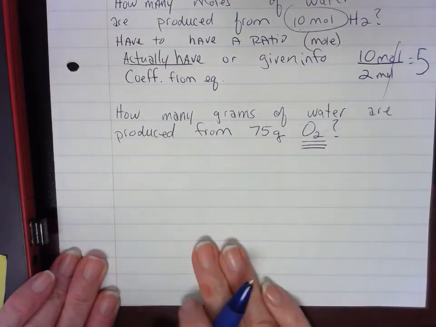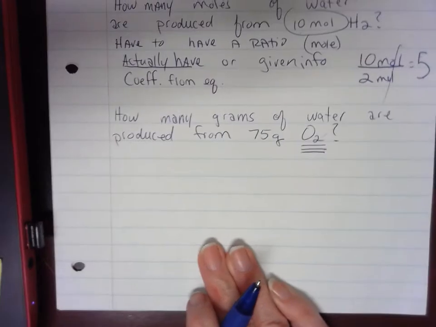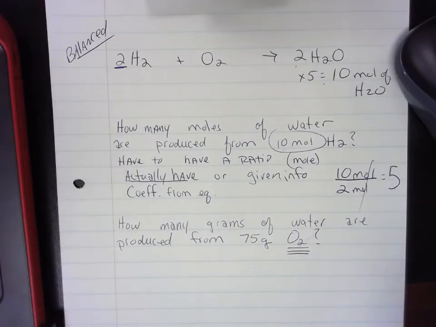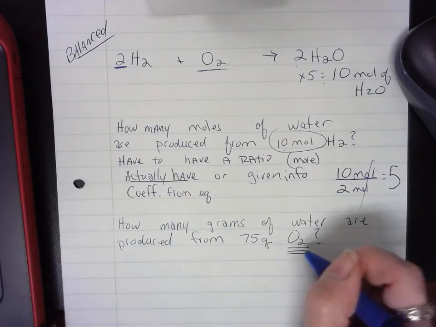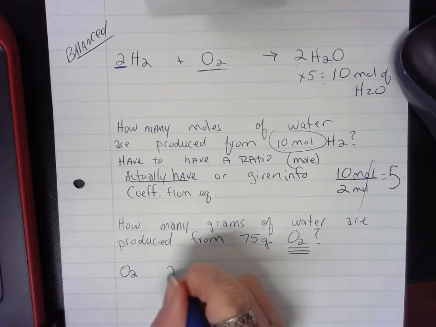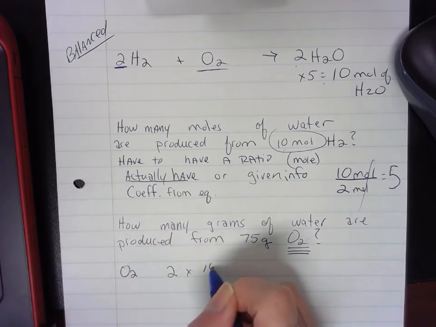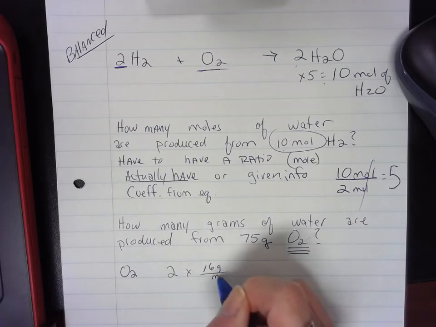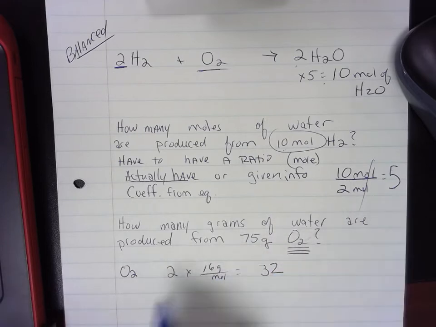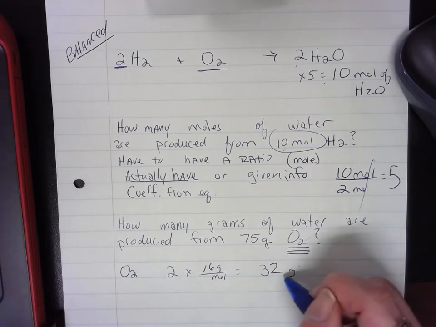So I'm going to have to know the molar mass of oxygen. Remember this is a diatomic. So O2, that means I have 2 oxygens times 16 grams per mole. So that's 32 grams per mole. That's my GMW for that diatomic.